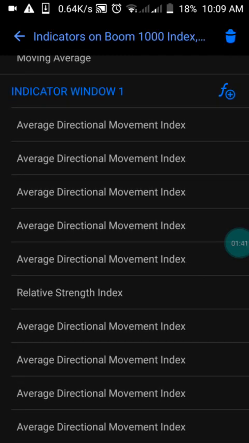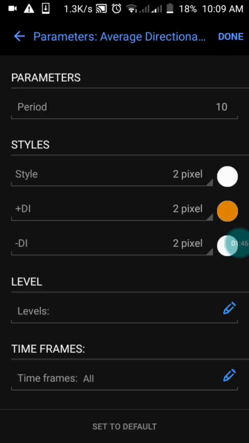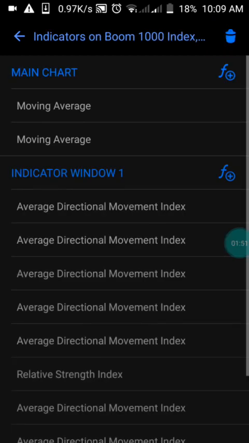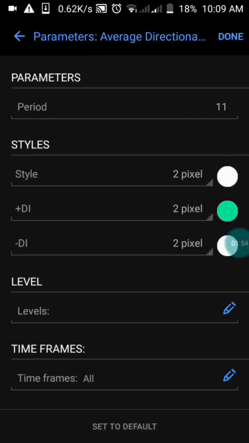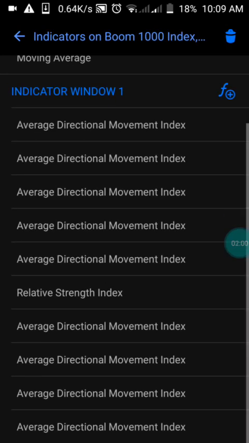So we have, in indicator window 1, the average directional movement index. We have the period of 10. Just screenshot it and set it up on your phone. Let me show you the second average directional. We have 11 here, and we have our color that is only changing.